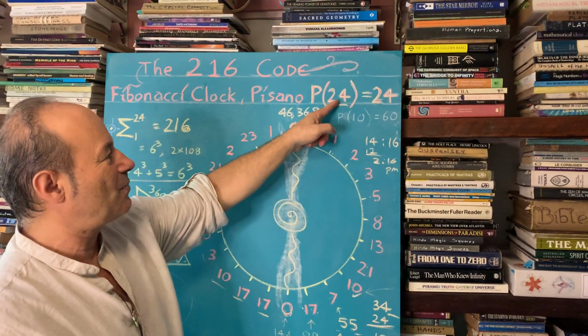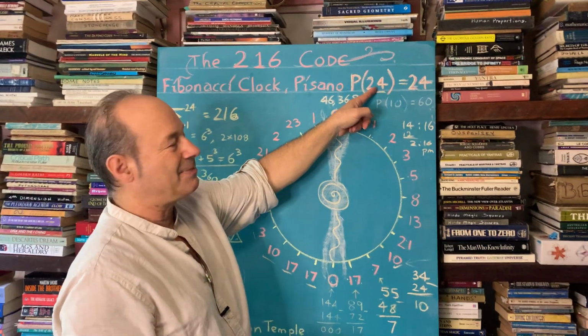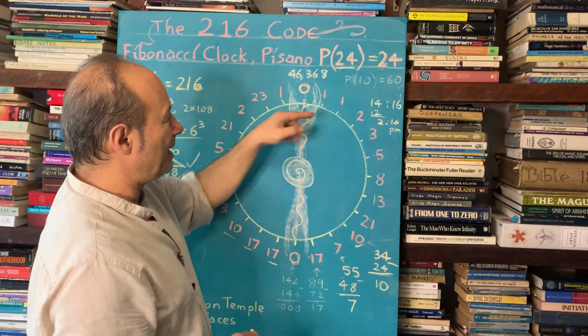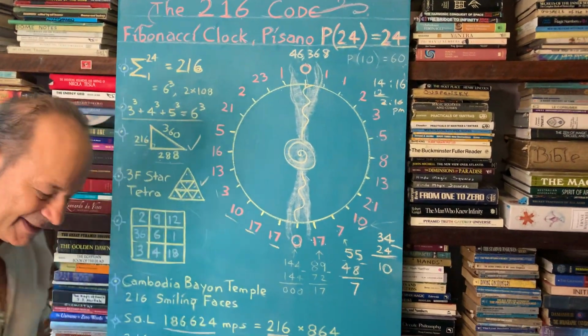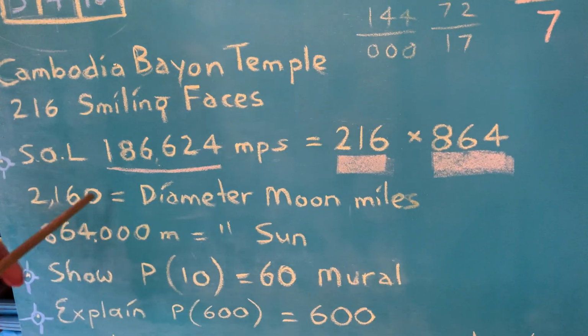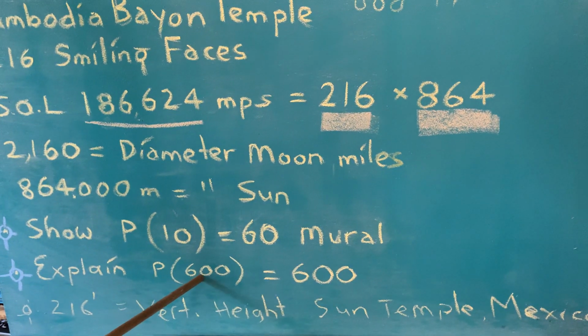That means only Fibonacci numbers up to 24 have the same cycle length as the clock that we're talking about. The next time it happens is at 600 here. So we have a thing here called P600 equals 600.